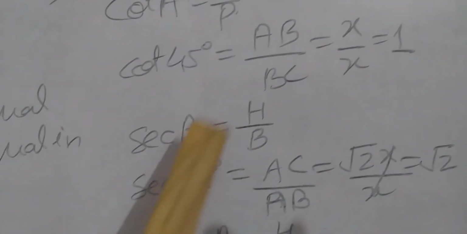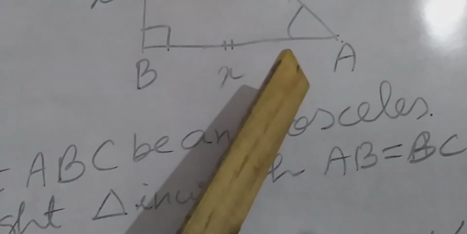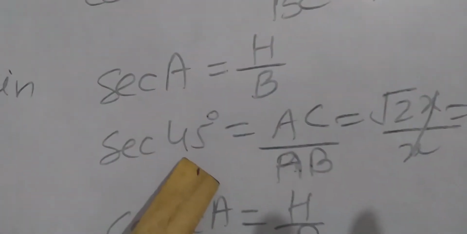Now sec A equals H upon B. Sec 45 degree: hypotenuse is AC and base is AB. So AC upon AB. Correct, students?